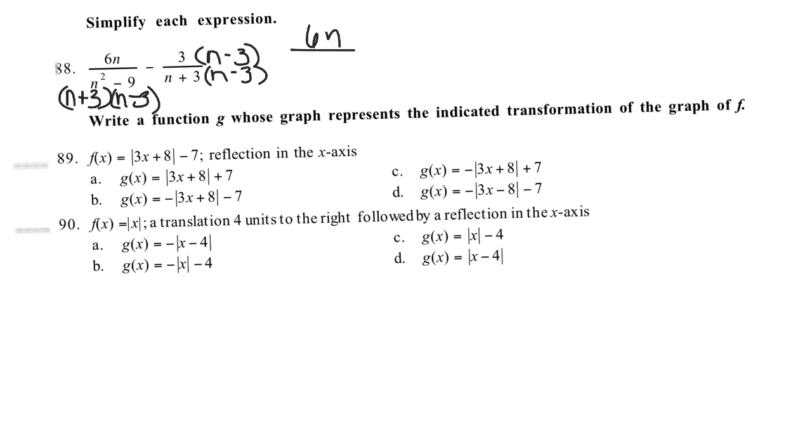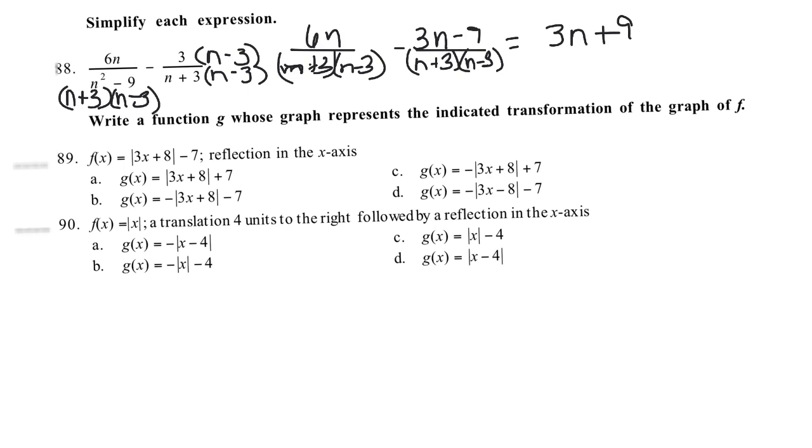So we get 6n over n plus 3 and n minus 3, minus 3n minus 9 over n plus 3 and n minus 3. And we're subtracting, so that's 3n plus 9. The subtraction makes that a plus over n plus 3 and n minus 3.